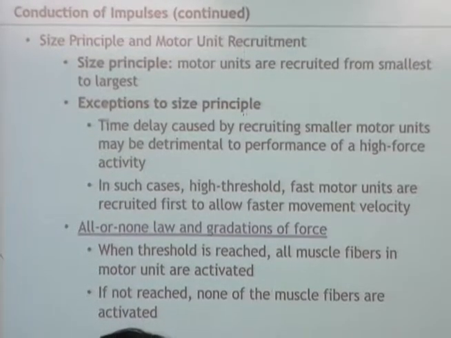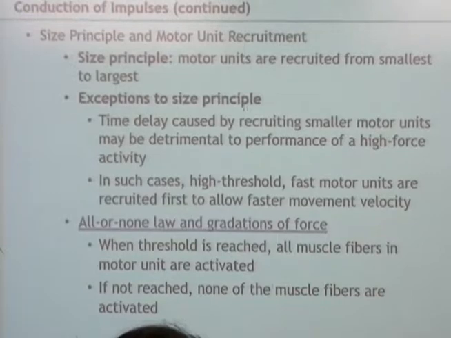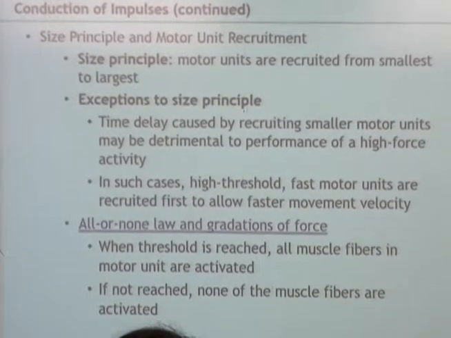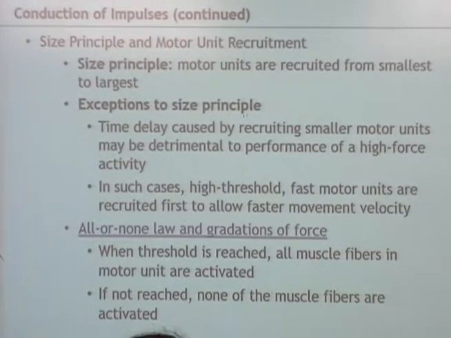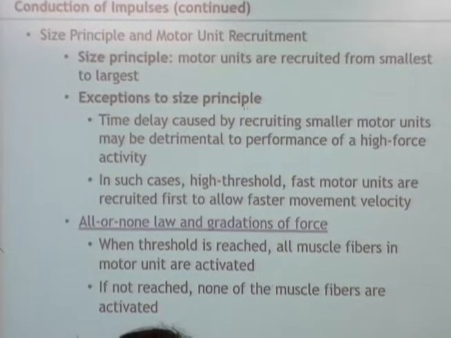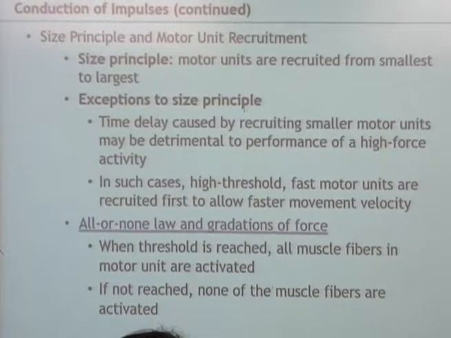However, sometimes recruiting these might not get the job done. So if I'm a sprinter and I'm at the beginning of the race and the gun goes off, and the size principle says I have to recruit type 1s, then type 2s, and then finally I can turn on my type 2X and go really quick, it takes me 5 seconds to get out of the blocks, which is no good, because everybody else has finished the race by now, right?